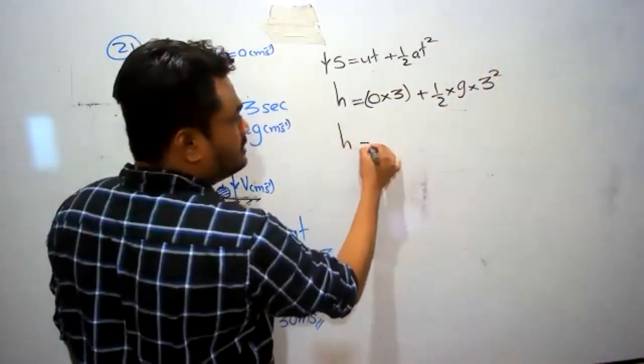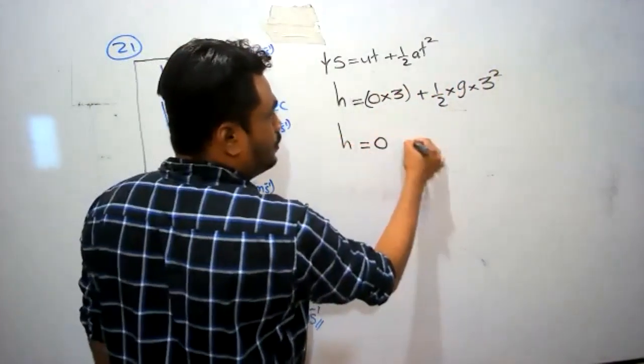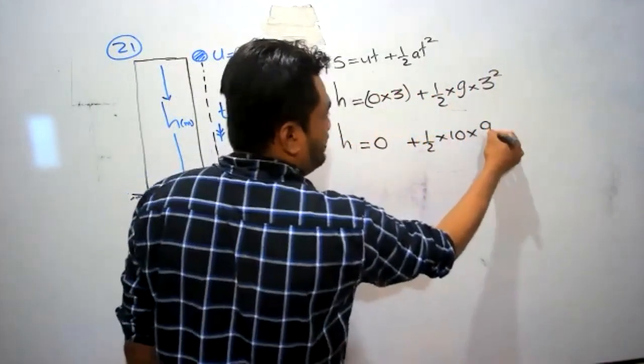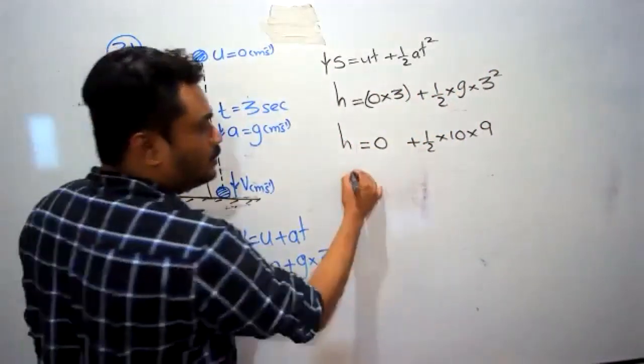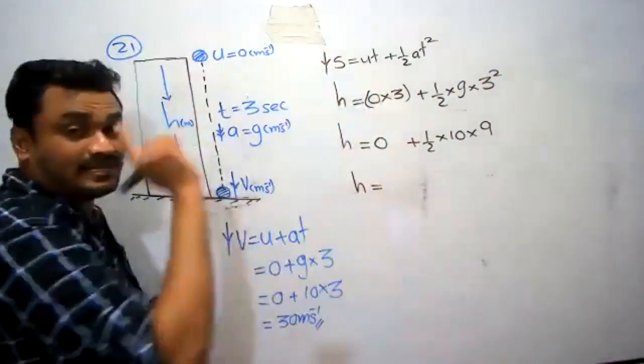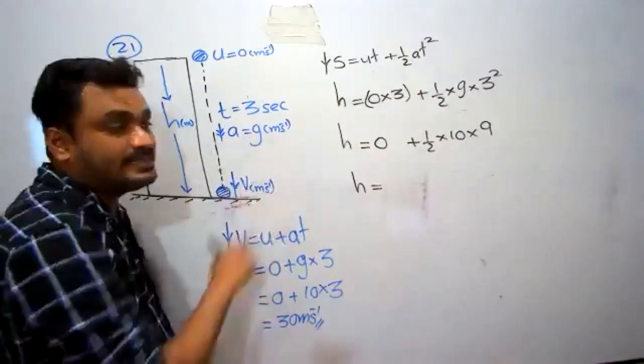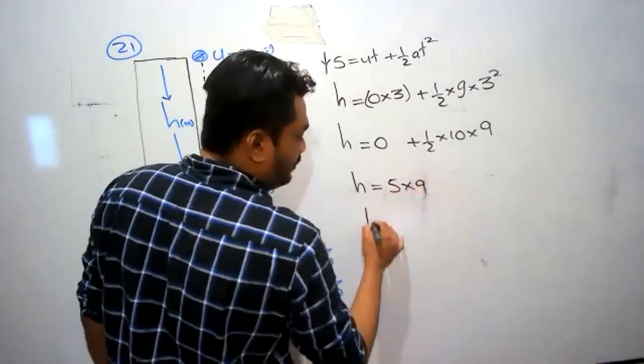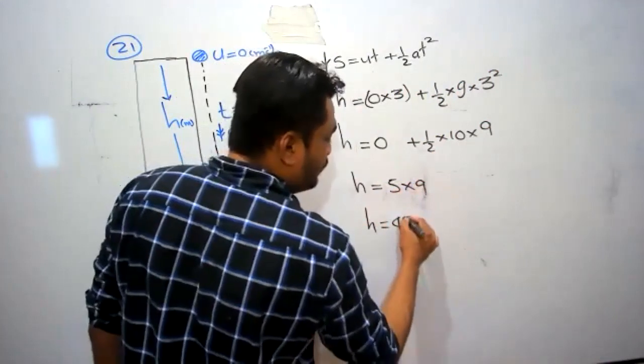So h equals 0 plus half times 10 times 9. 10 divided by 2 is 5, 5 times 9 is 45. Therefore, the height of the building is 45 meters.